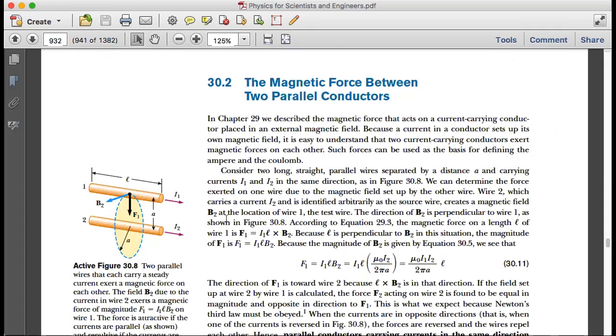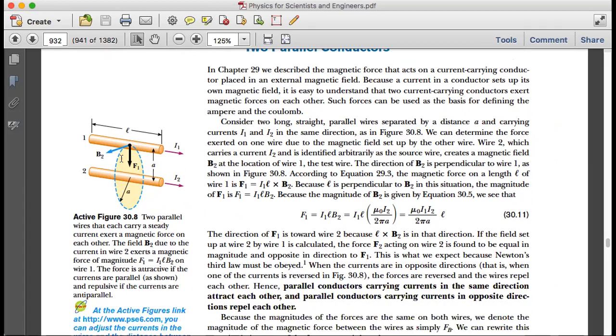So the last one is the magnetic force between two parallel conductors. Each conductor has a current that flows through it.